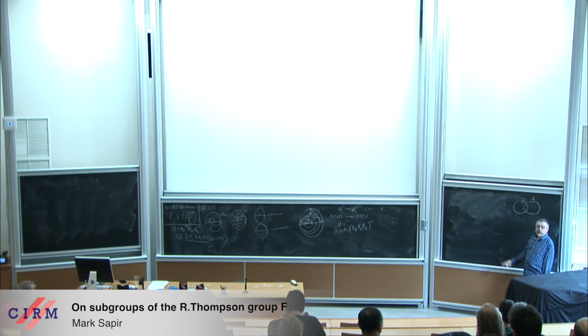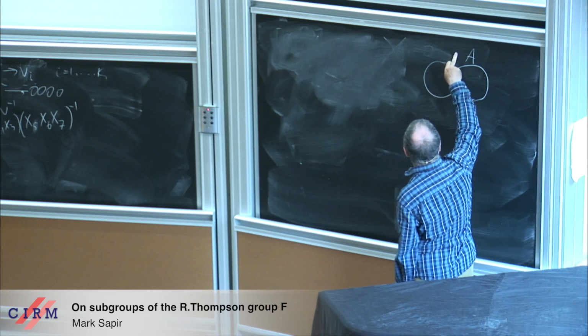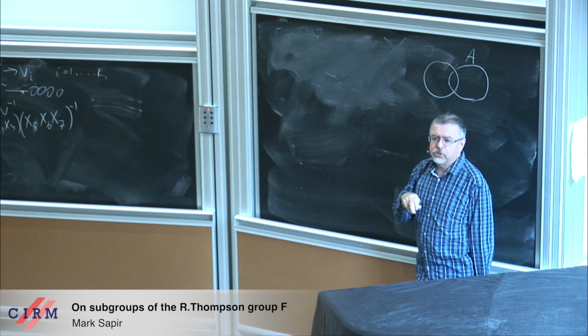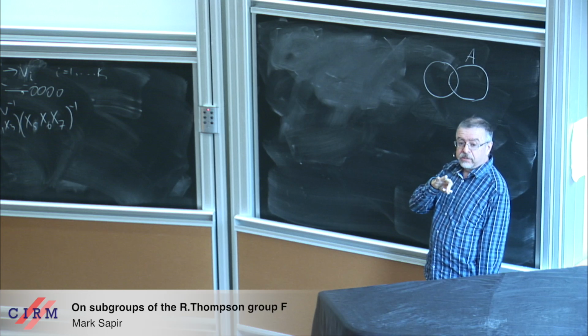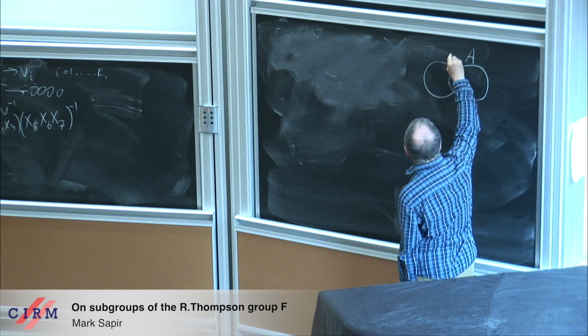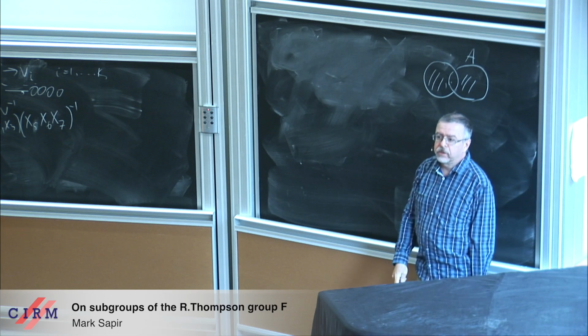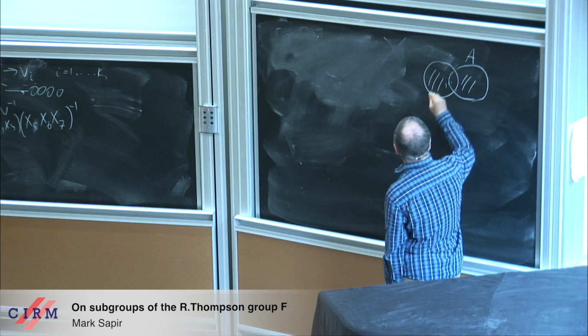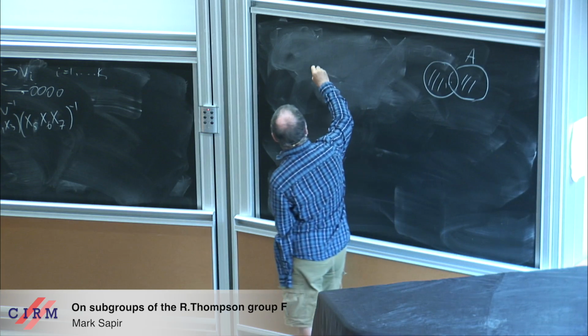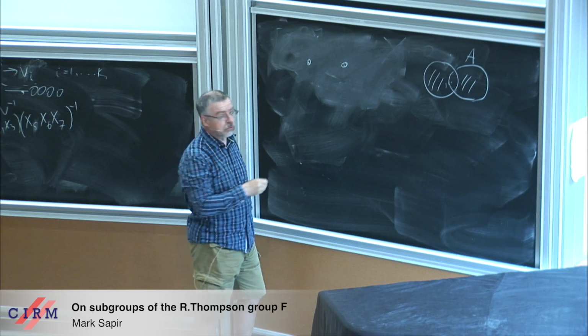OK. So what element of Thompson group corresponds to this? What you do, first of all, this is a link diagram. You can paint the regions. How many regions? 1, 2, 3, 4. Four regions. You can paint them in white and black, so that two neighbor regions have different colors. So it's white, black, white, black, right? Then you take vertices inside the black regions, and edges correspond to crossings.